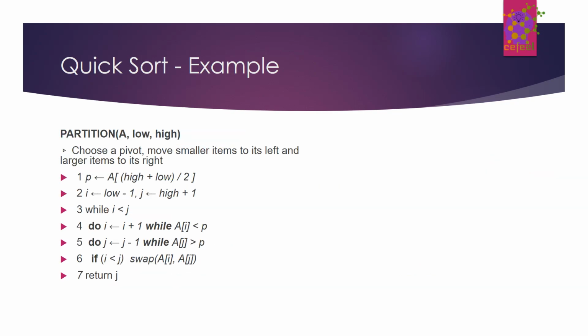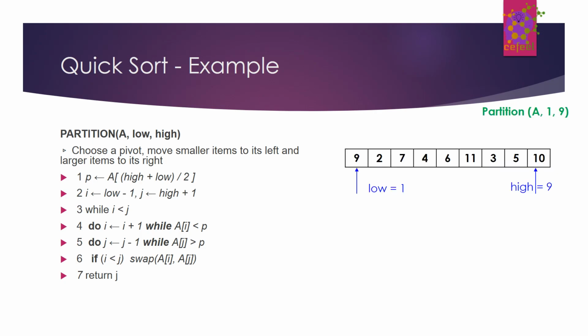So here is the partition algorithm or the procedure, and here is our original array. We have low pointing to 1 and high pointing to 9 as we already discussed, and we are running partition A 1 9. The first step that partition does is it chooses the middle element as the pivot. So P is A of (high plus low) by 2.